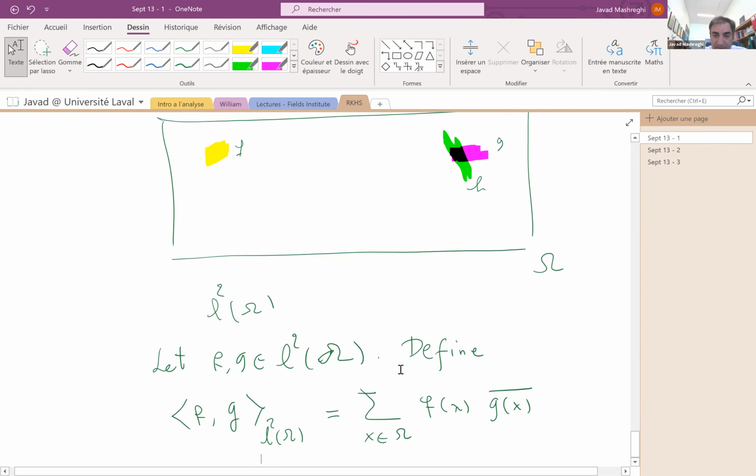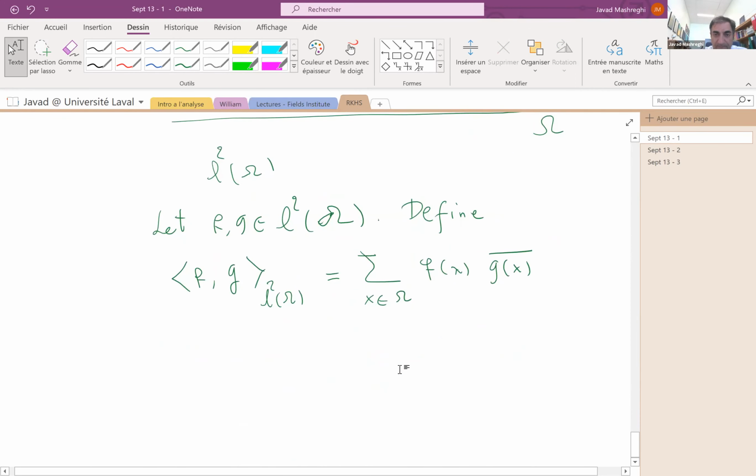Now we are coming here. The inner product of f and g, you multiply f of x by g of x bar, and then you sum. And our problem here is twofold indeed.